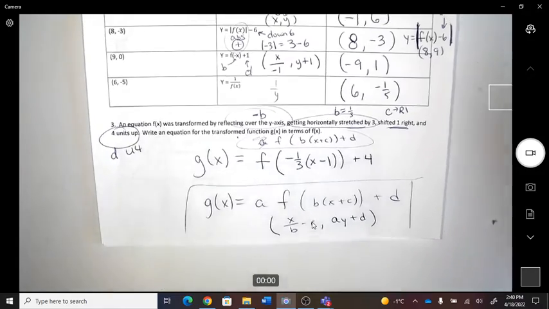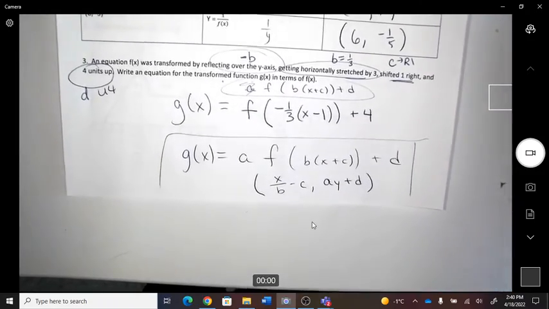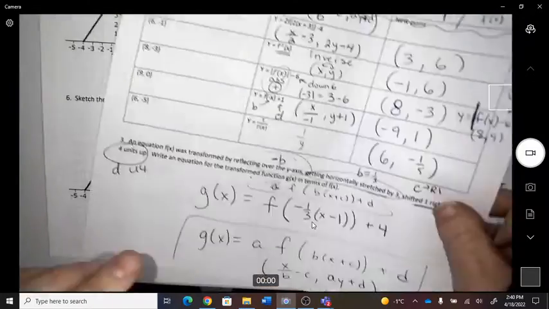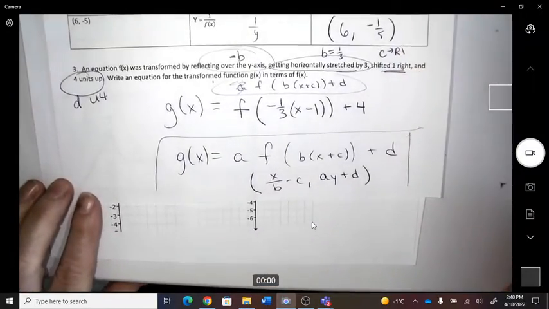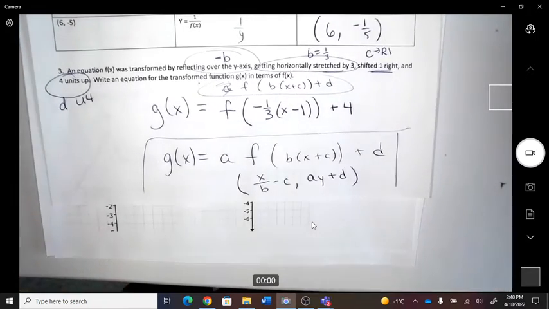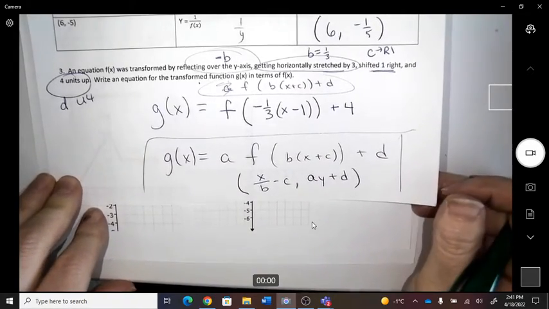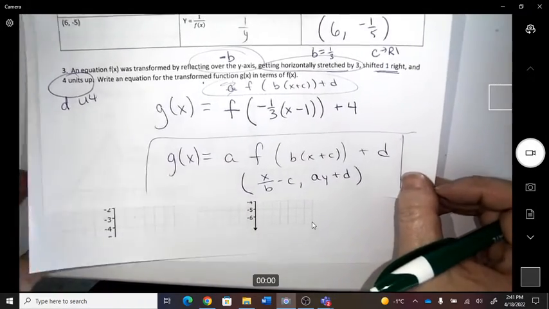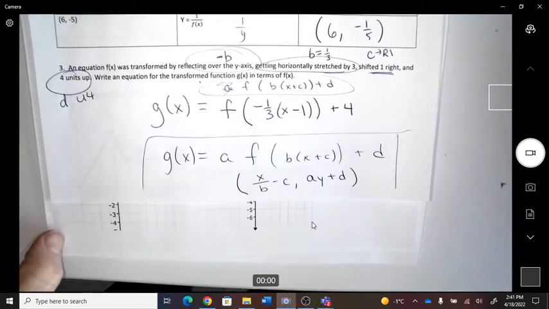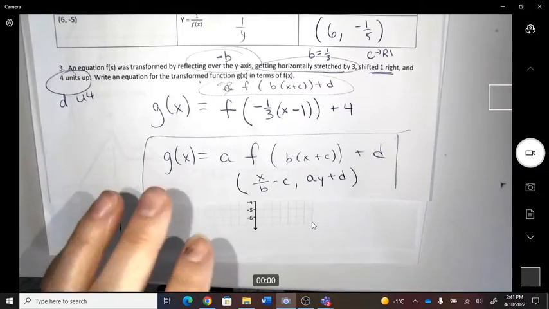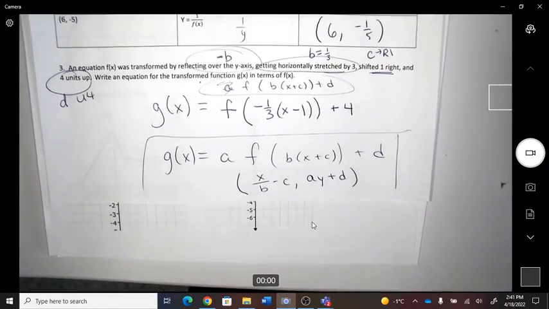Those two big ideas. Are you good? Oh, you're writing it? Good? Okay.